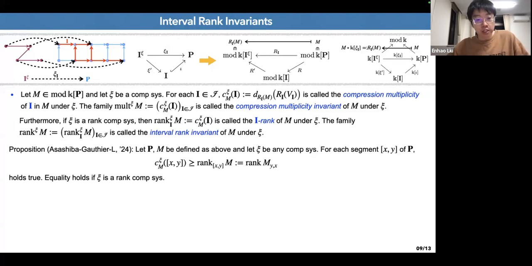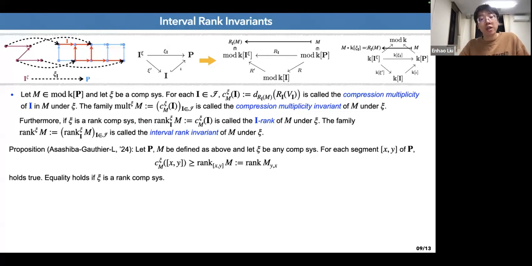Because if C is a rank compression system, the compression multiplicity restricted on the segments coincides with the rank invariant. Then this compression multiplicity can be extended to any interval, so this is a natural generalization of the rank invariant.